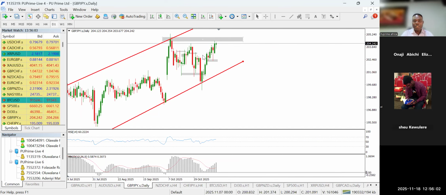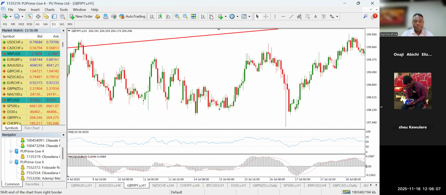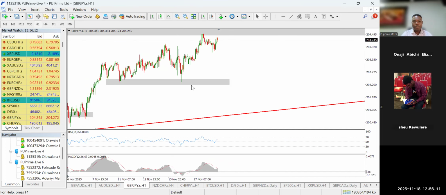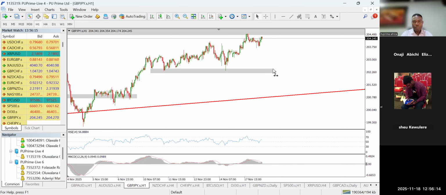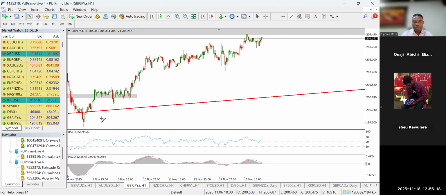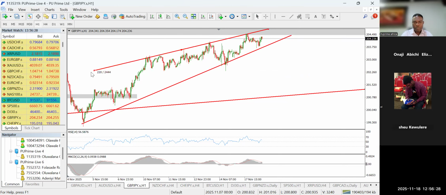Now, GBP is trading around the resistance level on the daily time frame. So price may just retest the resistance before it breaks out downward.